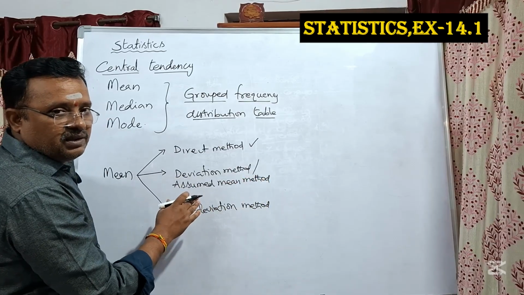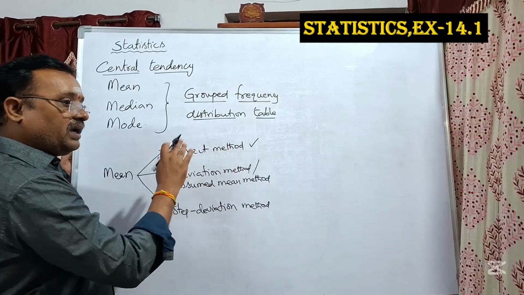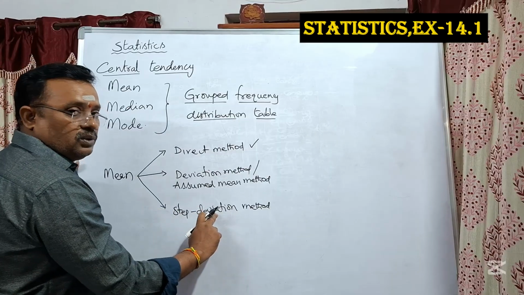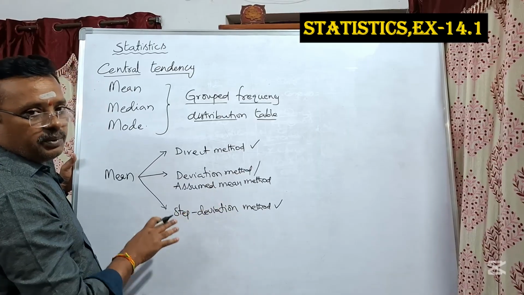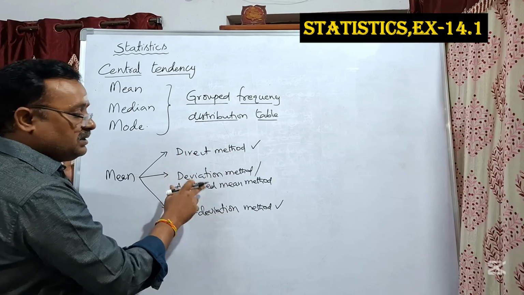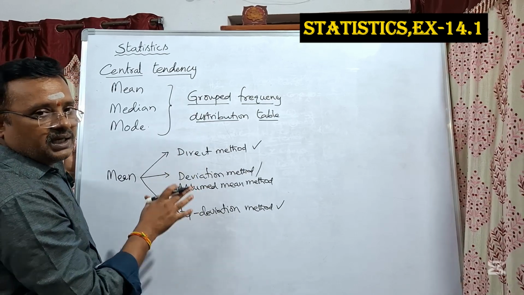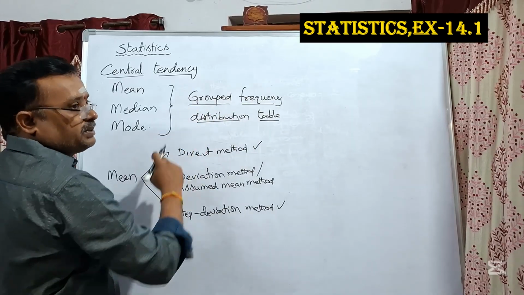Using this, we can solve problems better than the direct method. Later on, after many years, came the step deviation method. Using this method, we can find the mean much better than with the previous methods. So that is the mathematical development of finding the mean for the grouped frequency distribution table.